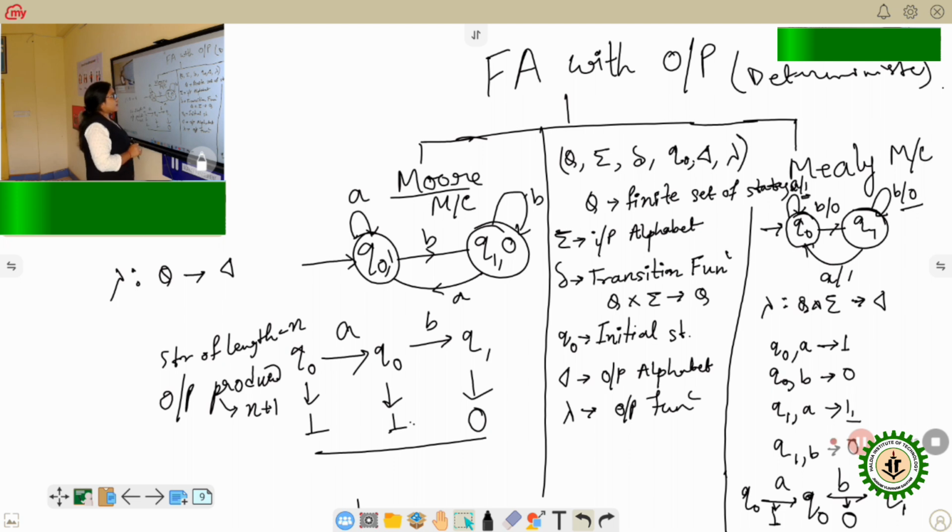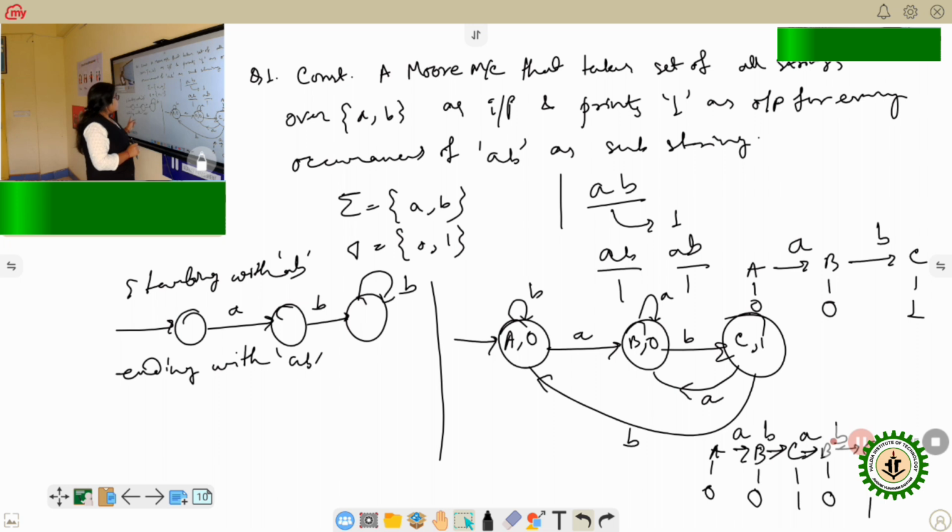Next we will see some examples of Moore and Mealy. So this is example 1. Construct a Moore machine that takes the set of all strings over A, B as input and prints 1 as output for every occurrence of AB as a substring. From this question, first write down the alphabet set, that is A, B. And this is the output alphabet.